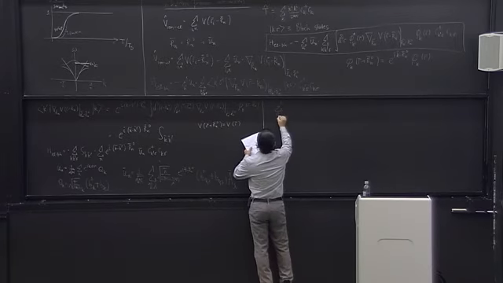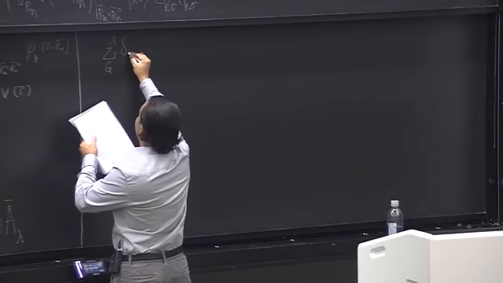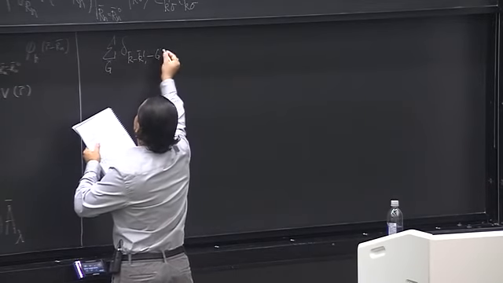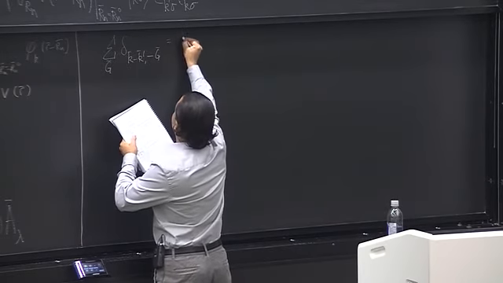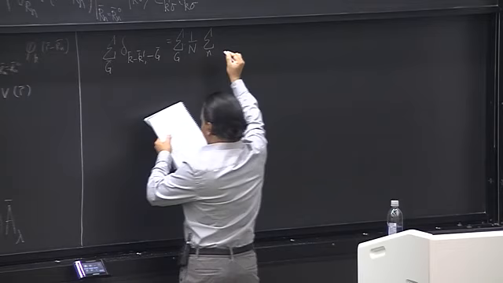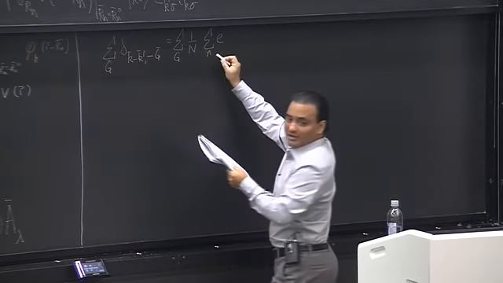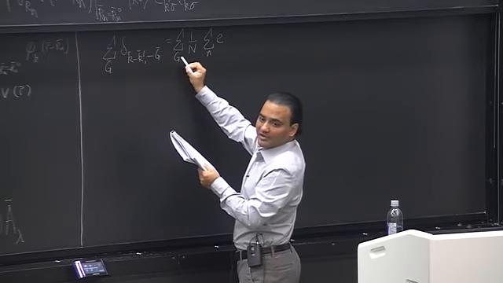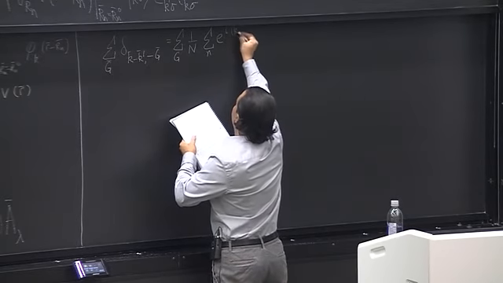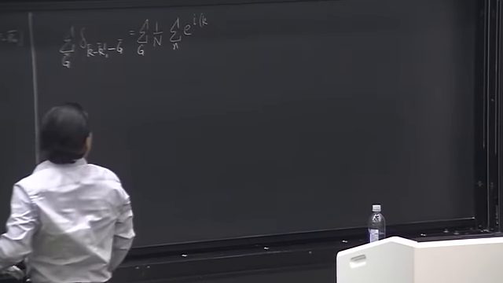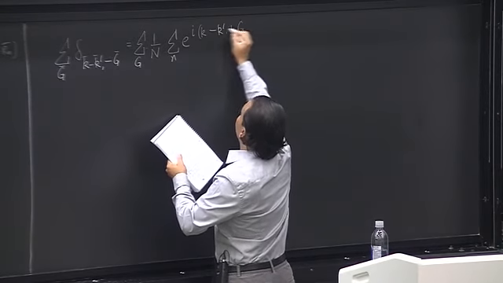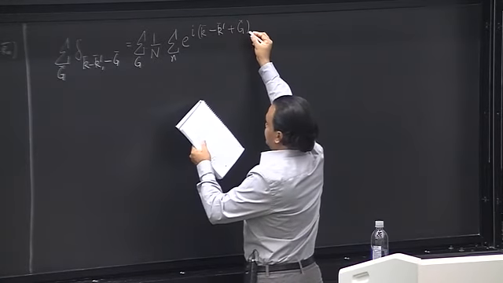You can show that the sum over all reciprocal lattice vectors of the delta function k minus k prime, minus g, is equal to the sum over g of 1 over N times the sum over small n, which runs over the number of lattice sites, of e to the power i k minus k prime plus g dot R n naught. This is over all reciprocal lattice vectors.